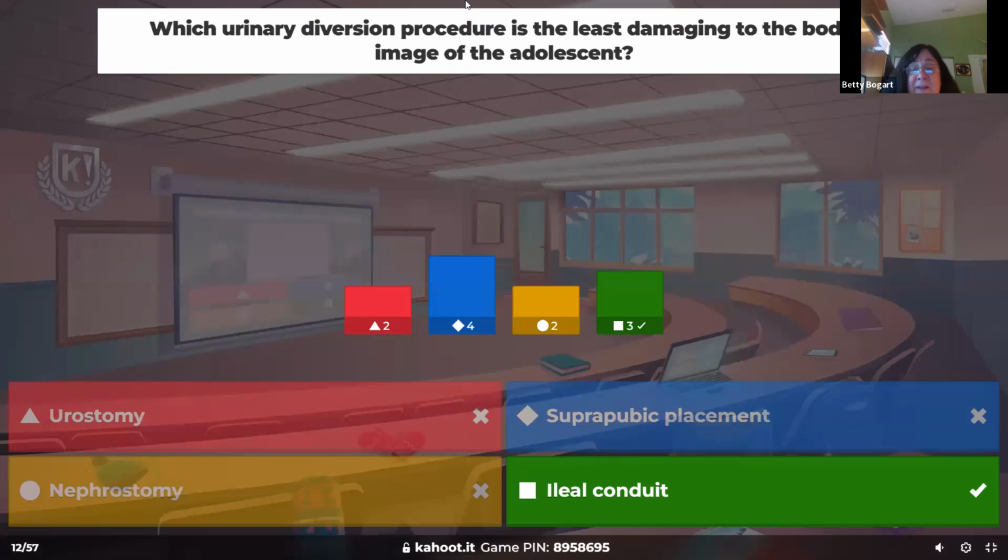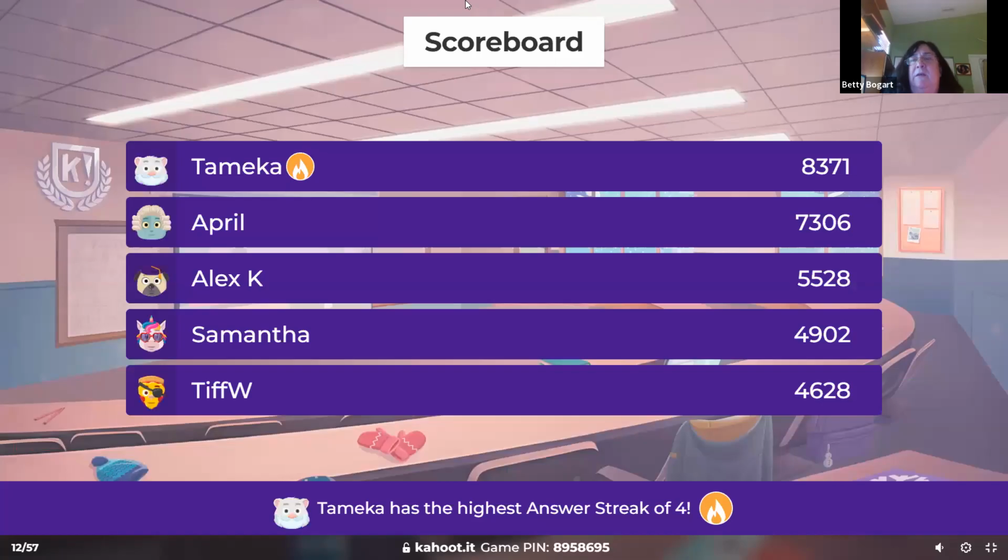And the name of this is called an ileal conduit. That means they have taken the ureters and put them into the bowel. So it is leaking urine into the intestines and it comes out the rectum because there's no urethra. It doesn't come out that way, okay? It's better than having a bag on, which is what we're trying to avoid because of body image.